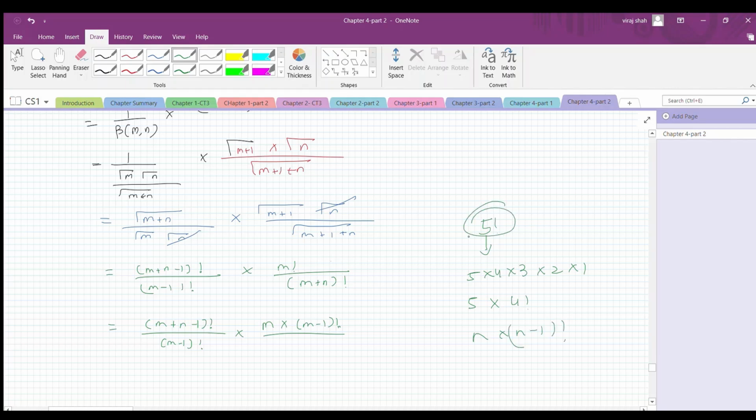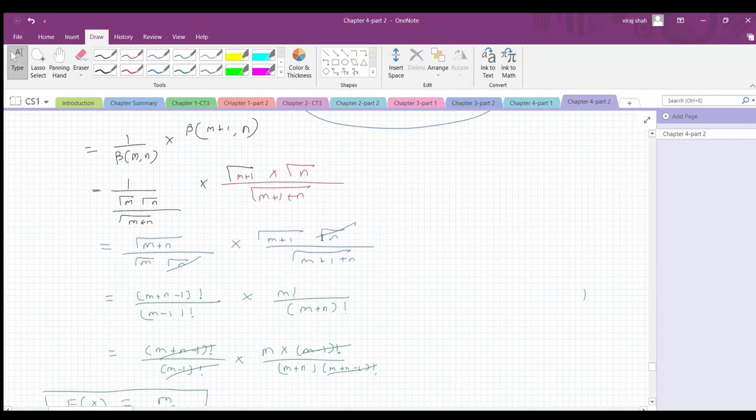When comparing it with n in generalized form. So I can even write this as m into m minus 1 factorial. Similarly, m plus n into m plus n minus 1 factorial. Now I can simplify this. This gets cancelled. This gets cancelled. I'm left with m upon m plus n. This is my expectation of x now, right?